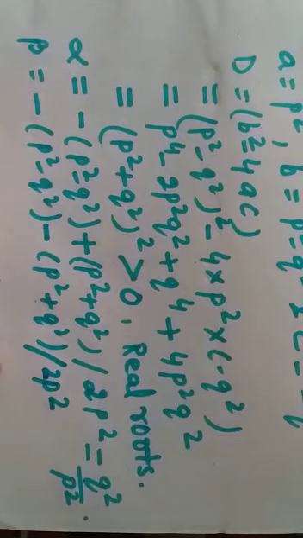Opening the brackets, the q square terms get cancelled. So what will be left here? Minus 2p square by 2p square, so this gets cancelled and this is equal to minus 1.